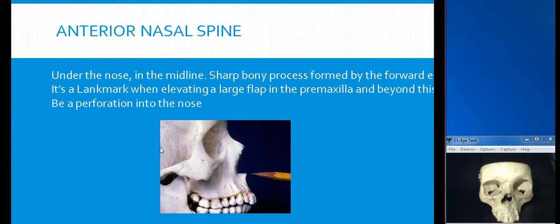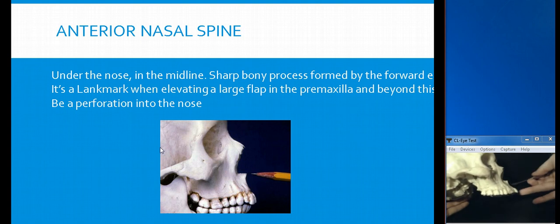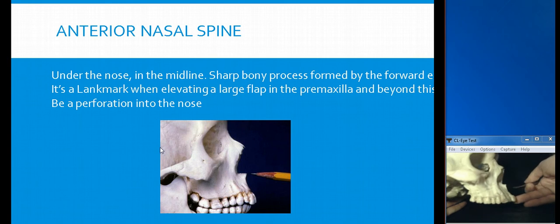The next part we're going to talk about is the incisive canal and the nasal spine. You can see it right here. It has a support for the nose itself. This is your central, and it kind of goes back, and you have the nice nasal spine. When you're dissecting, you don't want to pass this nasal spine, because beyond that there's the nose, and it's extremely vascular, and a little nick in there can lead to a lot of bleeding.